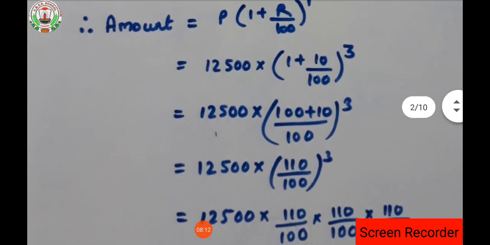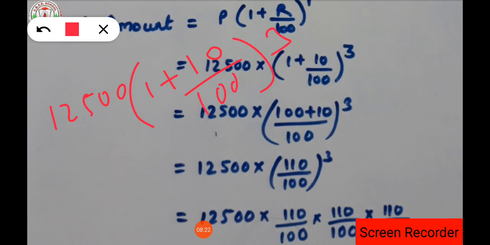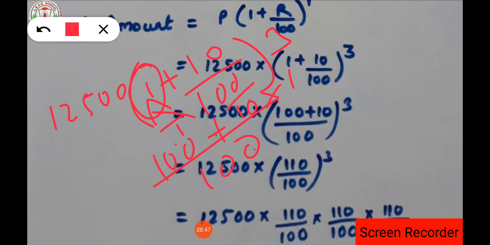Now we have to solve this and see what value comes. So 12,500 into 1 plus 10 upon 100, whole to the power 3. This 10 we can either cross multiply, or use the LCM method. By taking the LCM, the LCM of 100 will be 100 itself. 100 comes in the 100 table one time, so 1 into 100 will be 100, plus 10 into 1, because 100 comes in the 100 table one time.